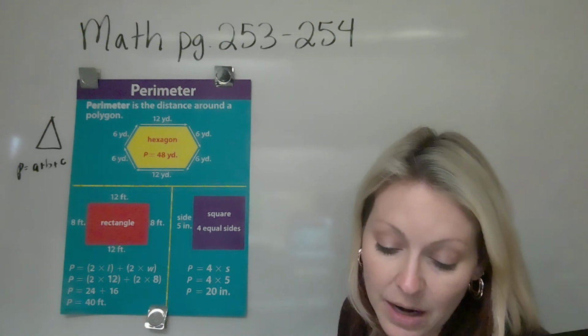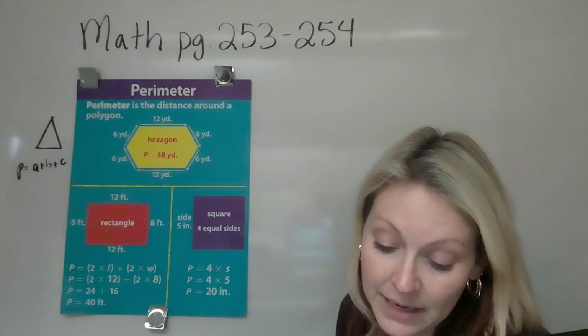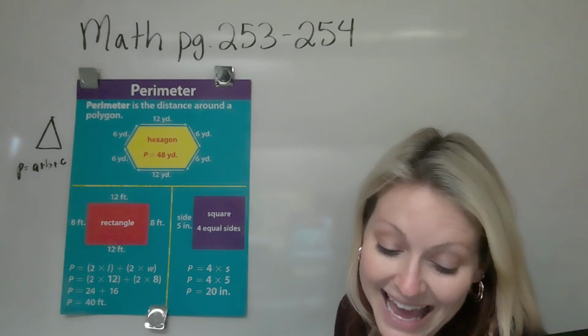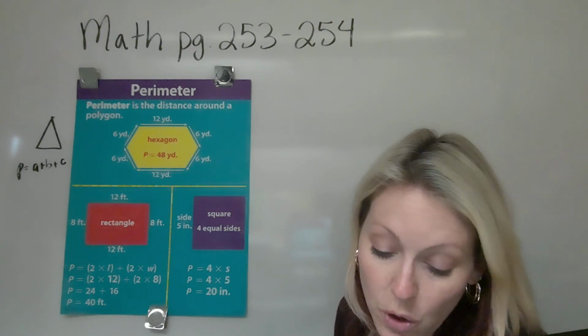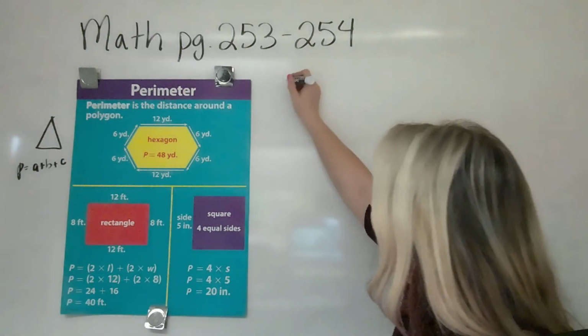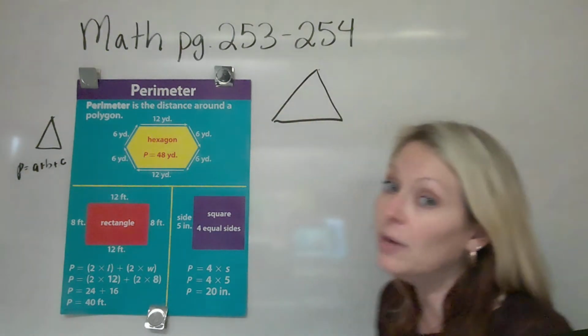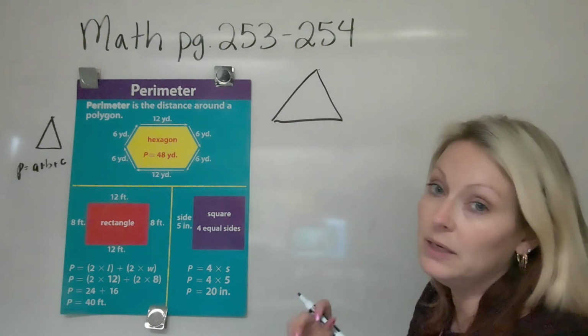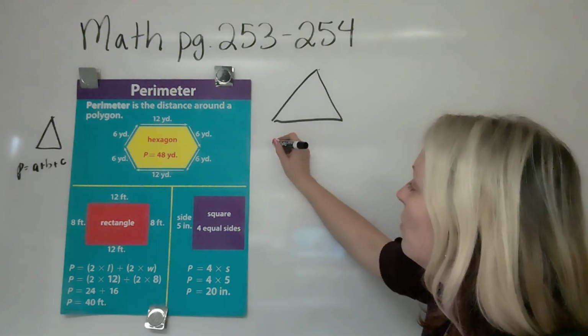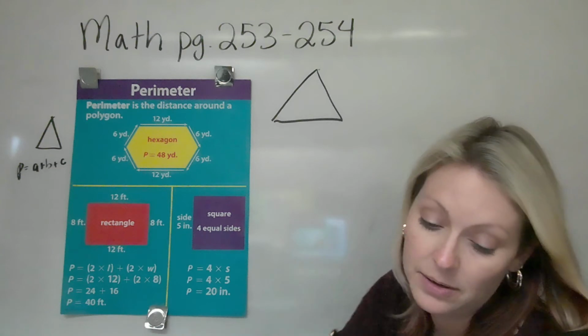What is the measurement of the angle? Okay, now here are the angle questions. So don't forget that when we have a triangle, this is asking for angles, not perimeter, okay? So you got to be careful, okay? So what is the angle?